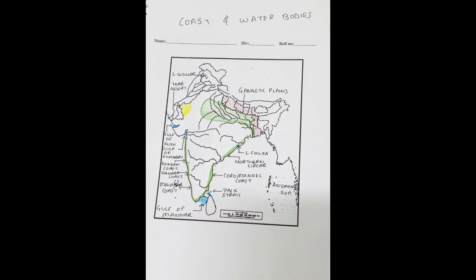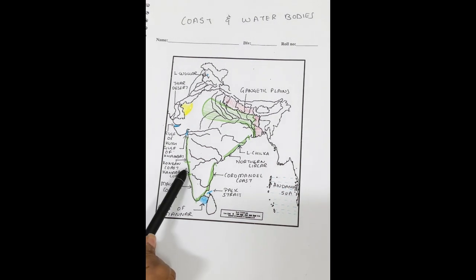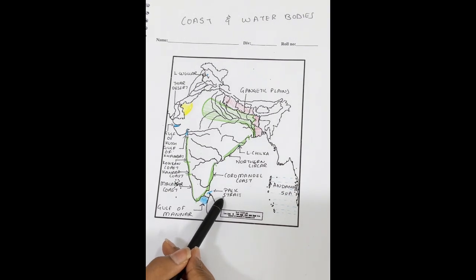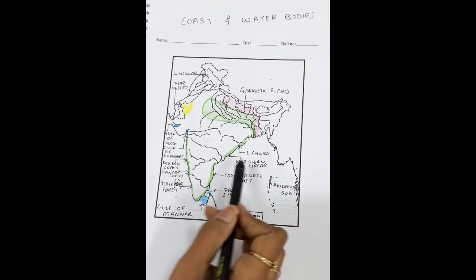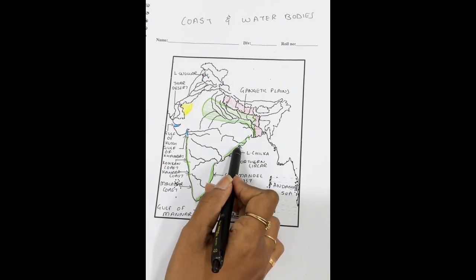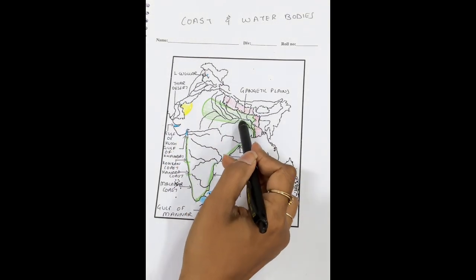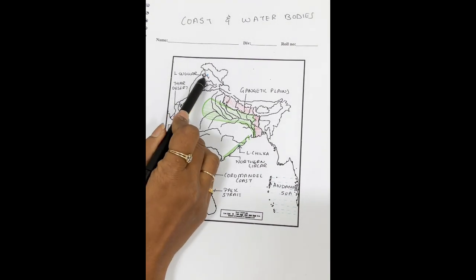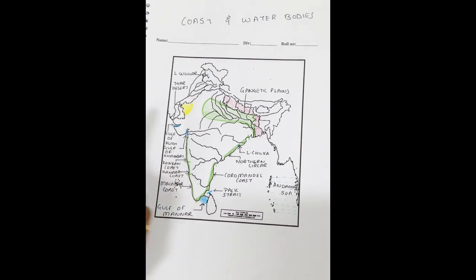Lake Wular, Thar Desert, Gulf of Kutch, Gulf of Khambat, Konkan Coast, Kanara Coast, Malabar Coast, Gulf of Mannar, Park Strait, Coromandel Coast, Northern Sirkar, Lake Chilka, Gangetic Plains, Lake Wular, Thar Desert, from Andaman till Nicobar in between, Andaman Sea.